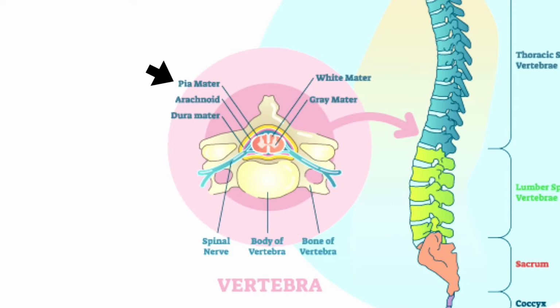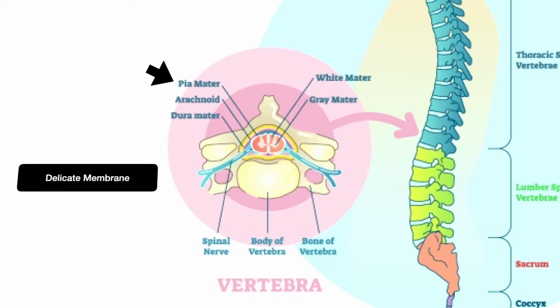These are protective tissues that wrap themselves around the spinal cord, and they're very similar to the meningeal layers that surround the brain. The pia mater is a very delicate membrane wrapping right close to the spinal cord itself.